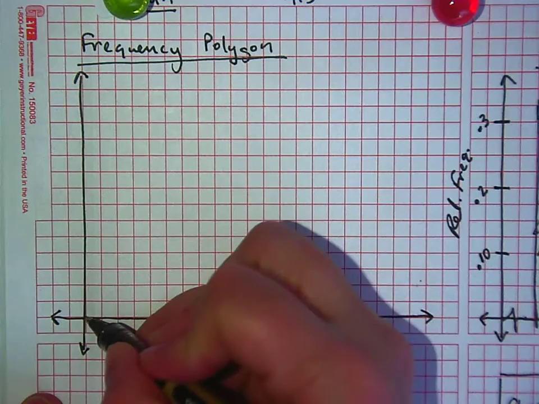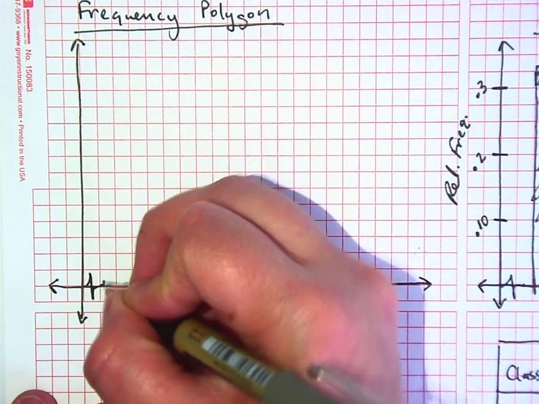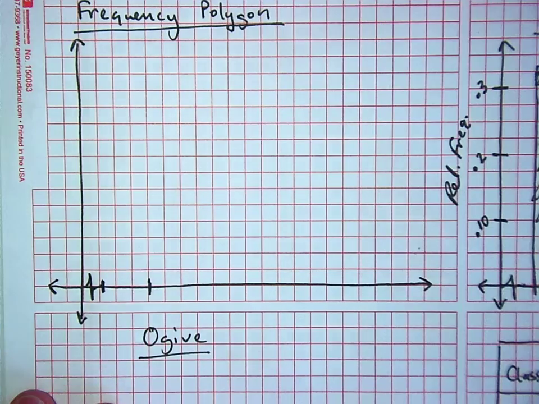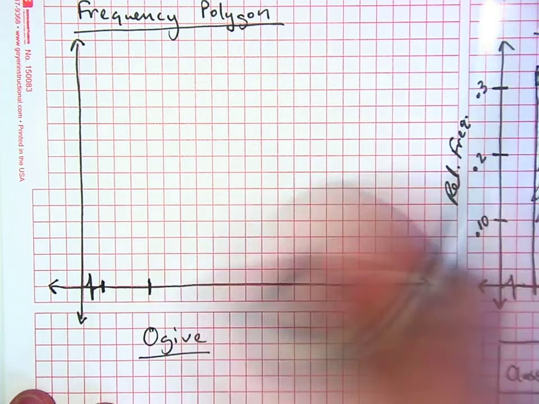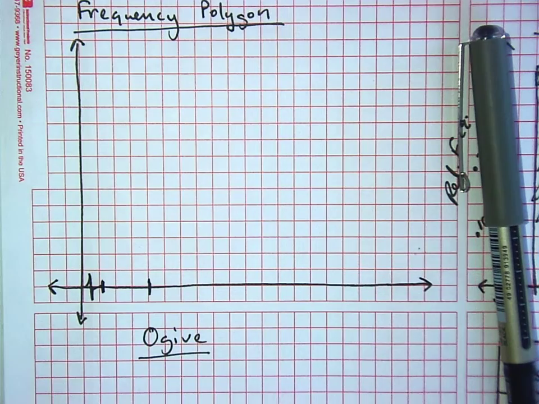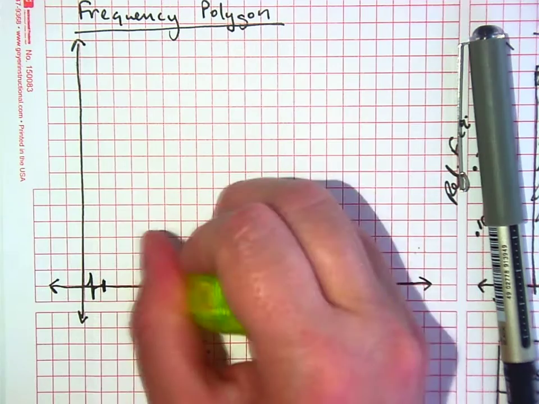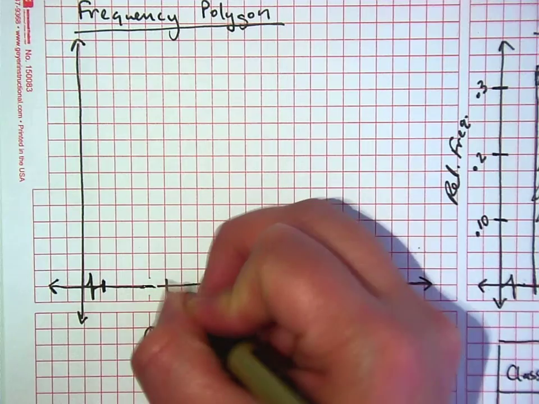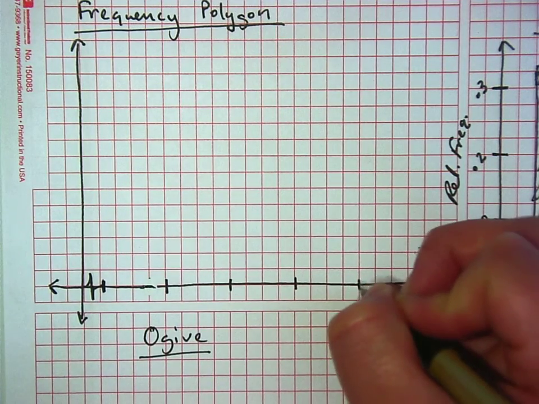All right, you're going to put a break in the axis, like usual. We're going to treat it just like a bar graph, where we're going to have a certain amount of bars. How many are there? Like 4, right? Make a little bit more space there. So that's our first bar, second bar, third bar, fourth bar.